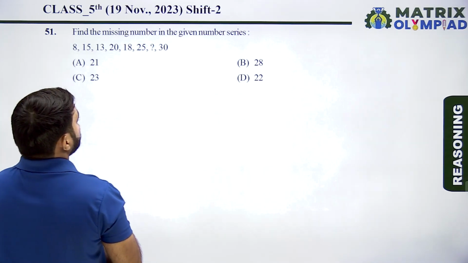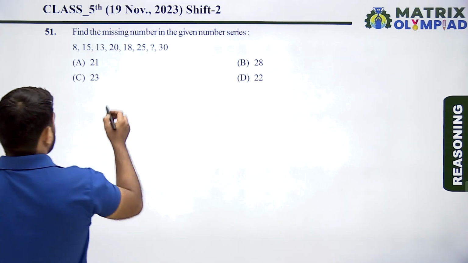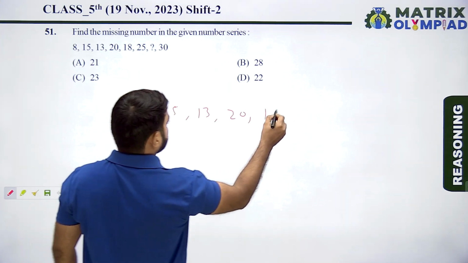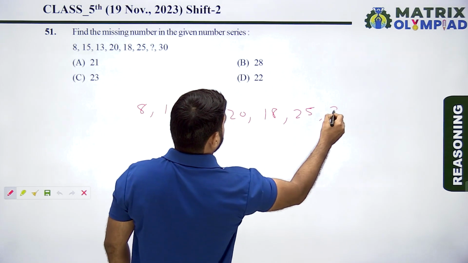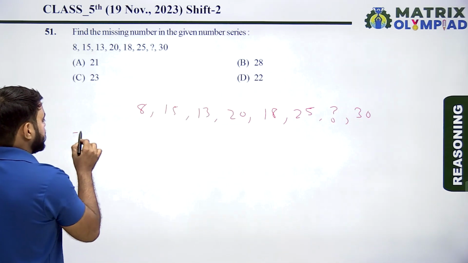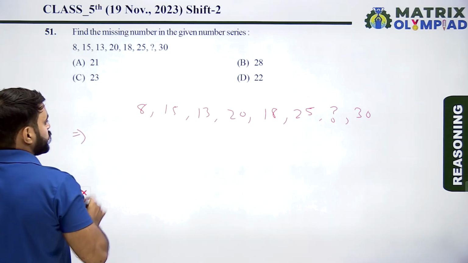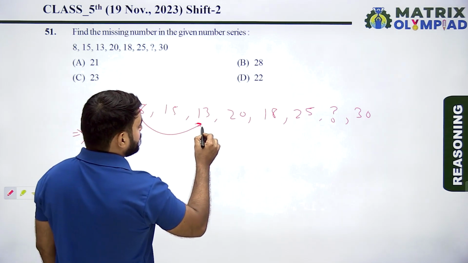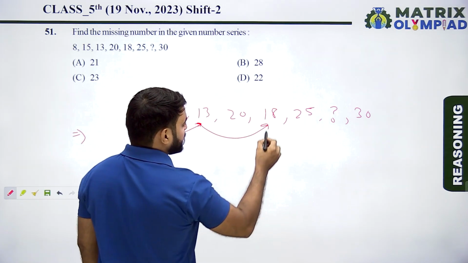Find the missing number in the given number series. So series is 8, 15, 13, 20, 18, 25, missing, and the last one is 30. First find the pattern of the series. Choose the alternate terms of the given number series.